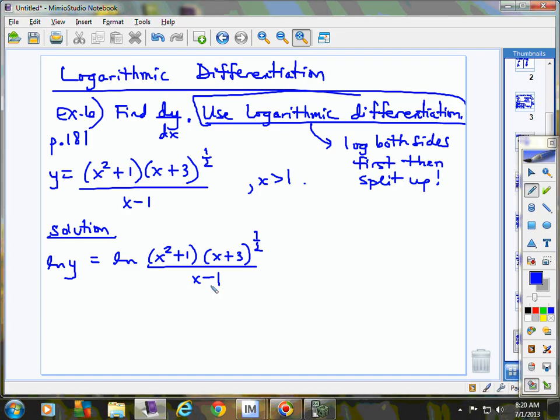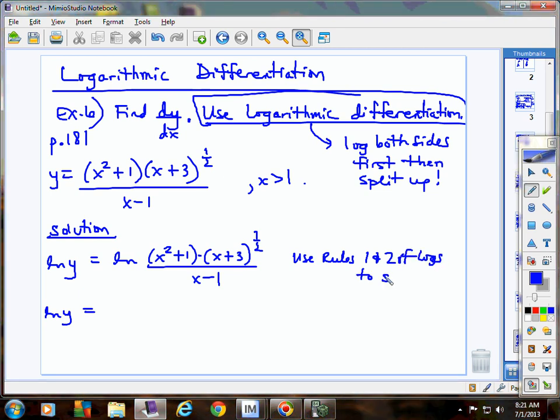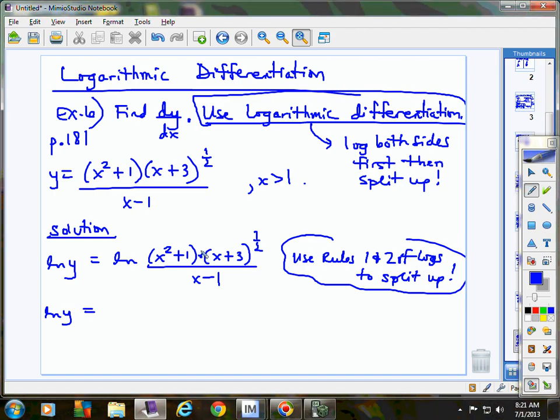I'm not changing anything other than writing an ln in front of both sides. And sometimes you had to log both sides to solve those old chapter 1 equations. So when I log this side, really there's not much over here to work with. When I log this side, I've got the log of something times something divided by something. So I'm going to use rules 1 and 2 of logs to split it up. Rule 1 of logs: if the numbers are multiplied, the logs are, what are we going to do, add or subtract?